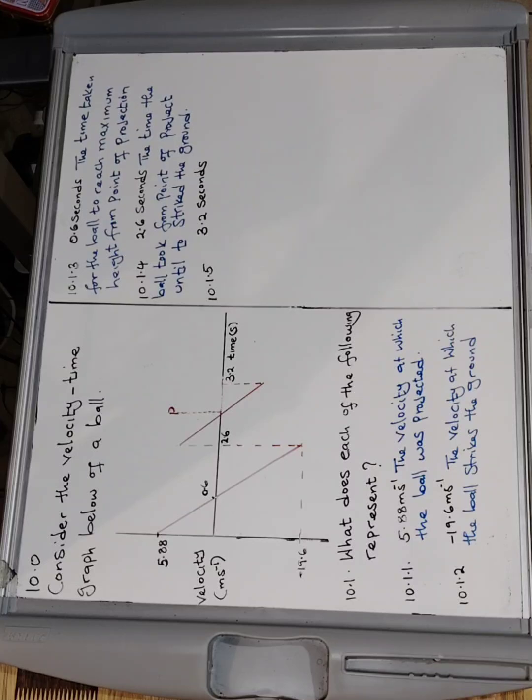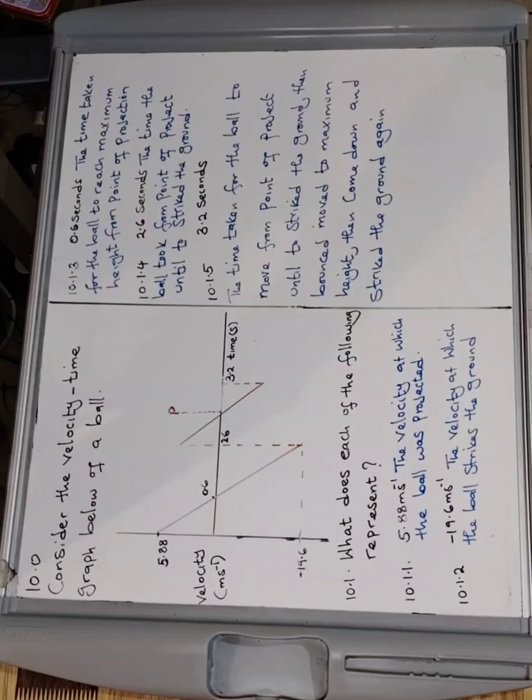That entire journey took 3.2 seconds. Let me repeat. The ball moved from the point of projection, went to maximum height, came down, struck the ground, then bounced, went to maximum height, then came down and struck the ground again. That entire journey took 3.2 seconds. So that is that.